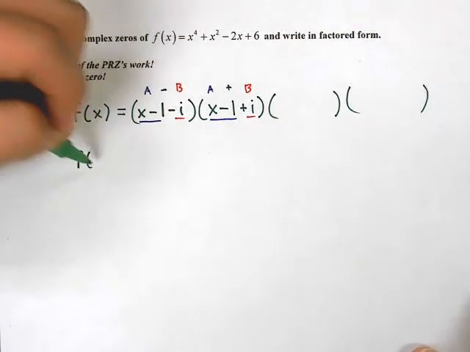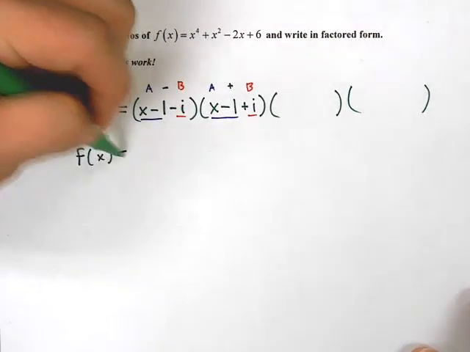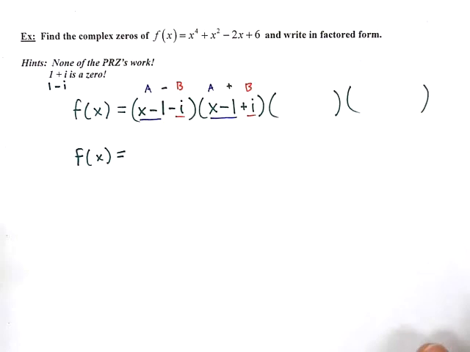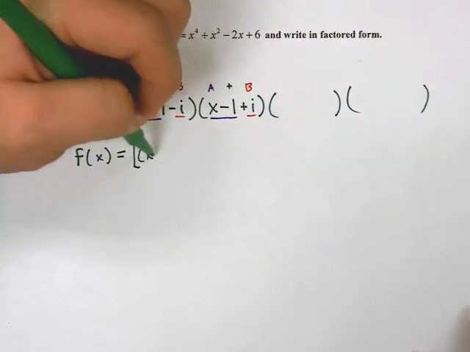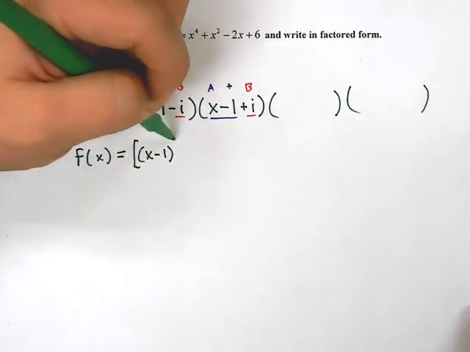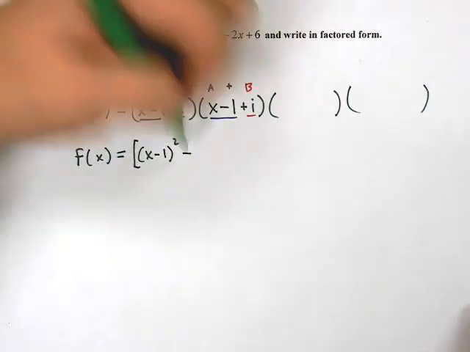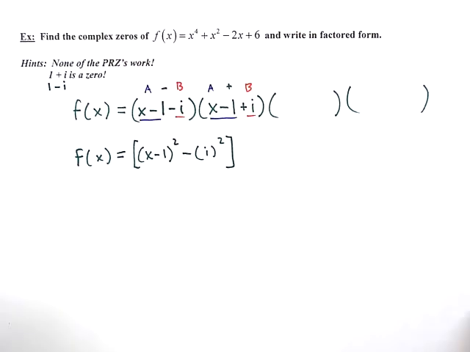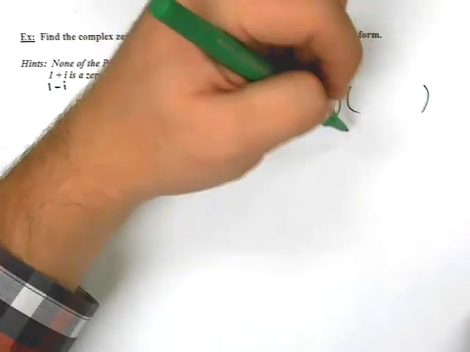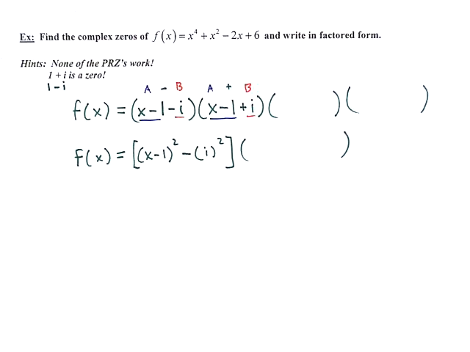Because if it's A minus B times A plus B, it always expands to, do you guys remember? A squared, so my A piece squared, minus my B piece squared. I'm going to just multiply them, so I just have 1 piece now. So let's figure this out.